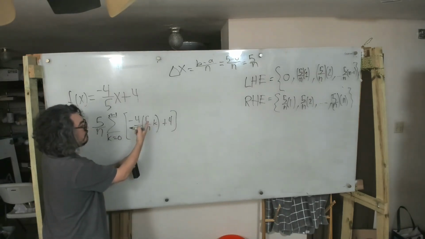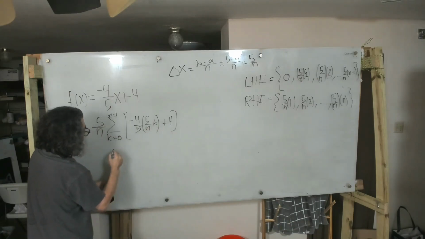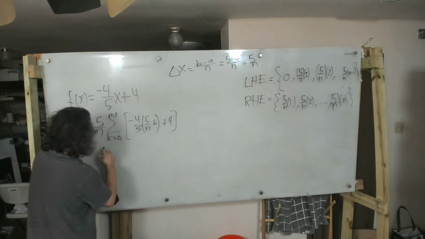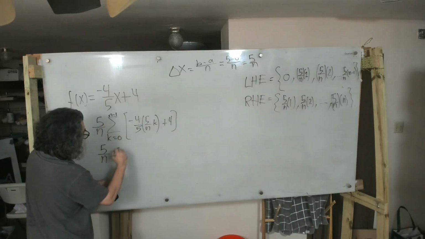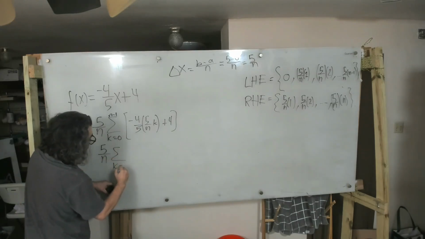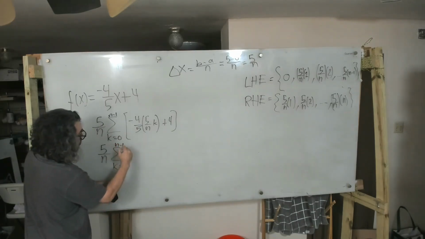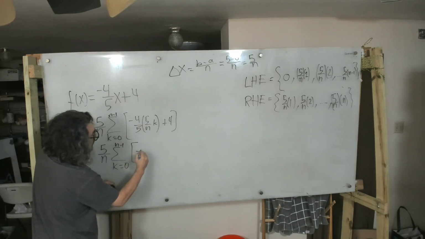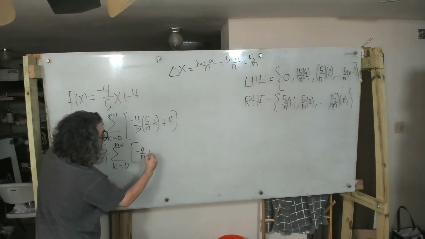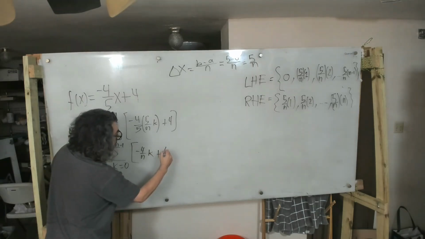You can see here that these 5's cancel, and we're left with negative 4 over n k plus 4. Okay? So this is 5 over n times the summation from k equals 0 to n minus 1 of negative 4 over n times k plus 4.